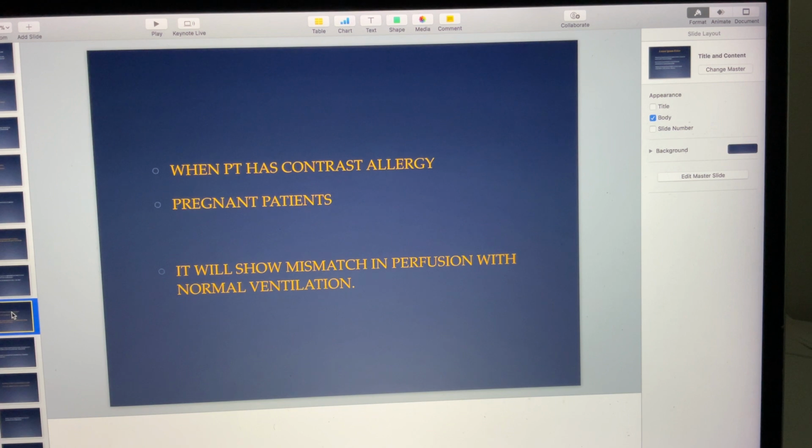In terms of the mismatch that you're going to see, mismatch in perfusion, but there will be normal ventilation. Okay, so with pulmonary embolism, one of the pulmonary arteries is blocked. They are not getting perfused adequately. So there will be a mismatch in perfusion, but ventilation will be fine.